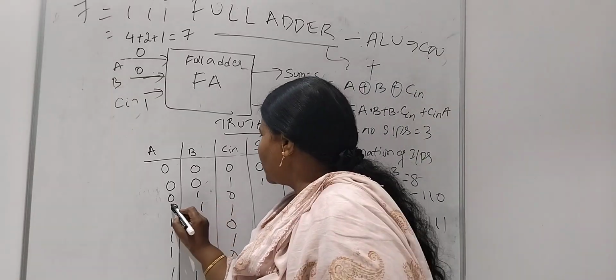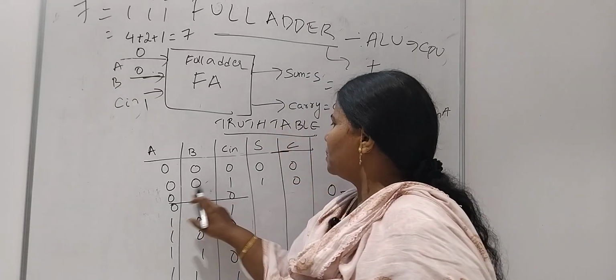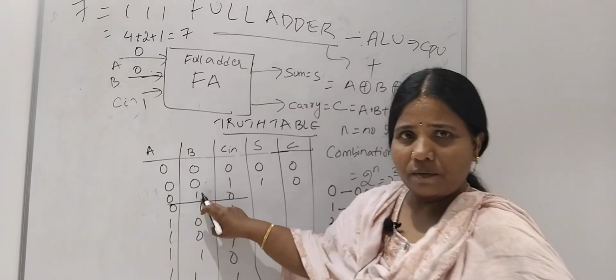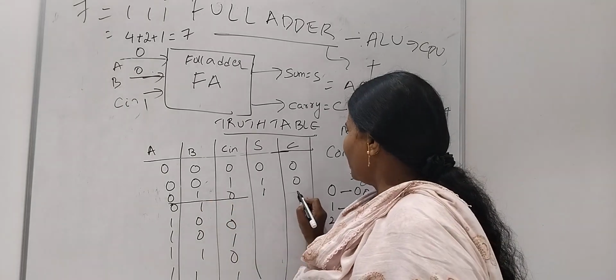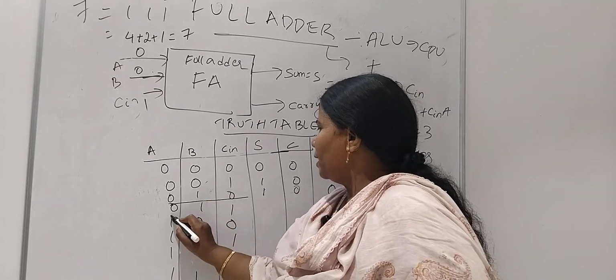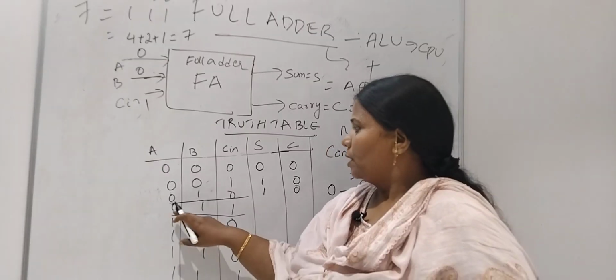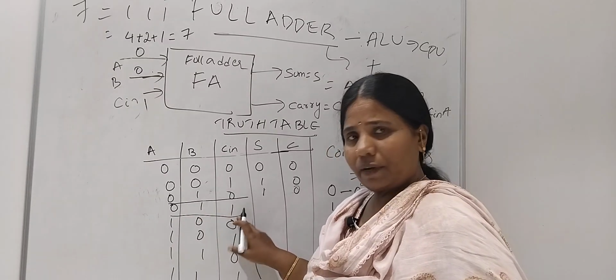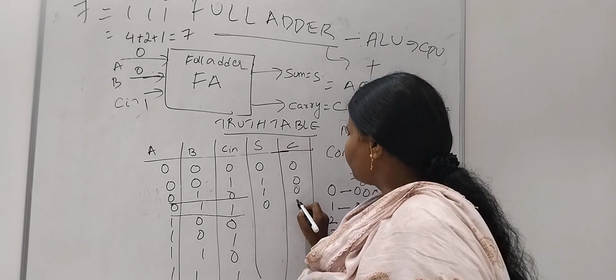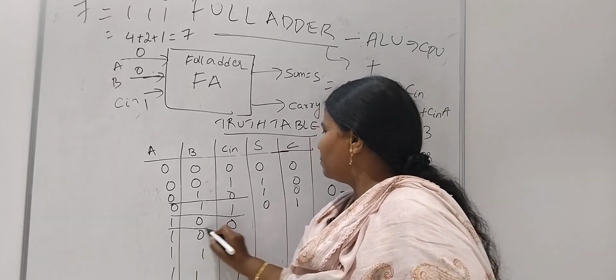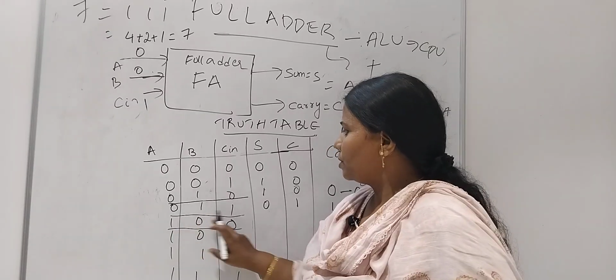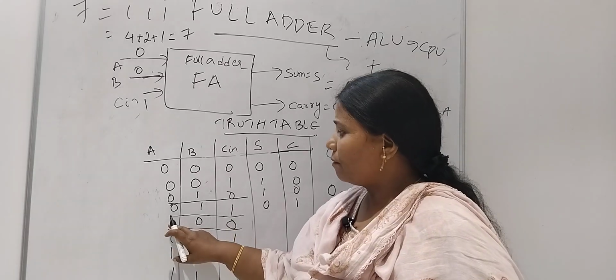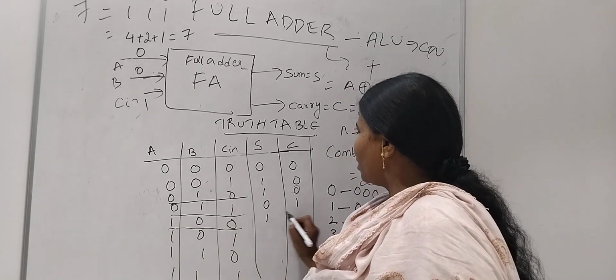Okay, next what is the other combination? I have 0, 1, 0. Among 3 inputs, one input is 1, isn't it? So sum will be 1, carry will be 0. Similarly, you have this combination. Among the 3 inputs, 2 inputs are 1, means sum will be 0, carry will be 1. Next you have this combination, 1, 0, 0. Among 3 inputs, what do you have? One input is 1, means sum 1, carry 0.